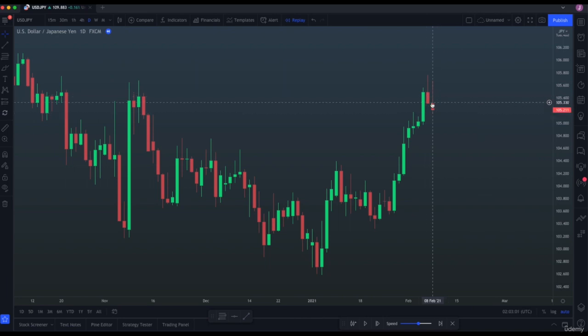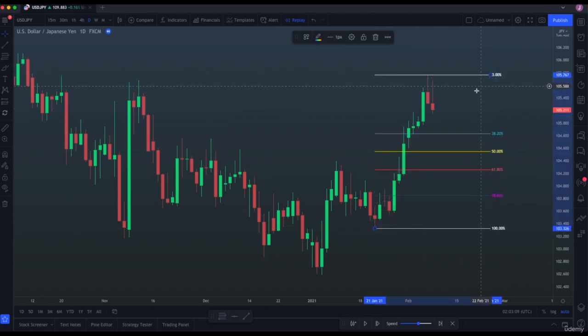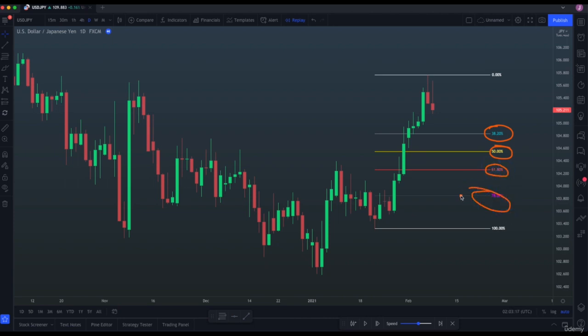Okay, so what we can do here is we can plot our Fibonacci retracement tool from point A to point B and wait for a rejection at either 38.2, 50, 618, or 78.6%. All right.